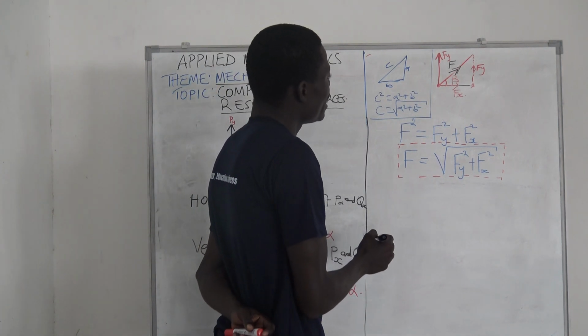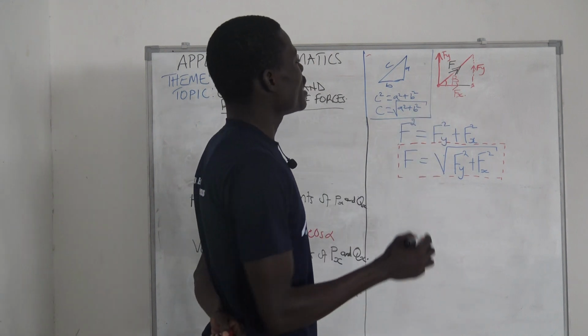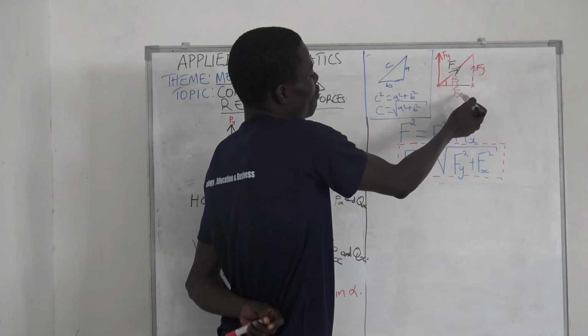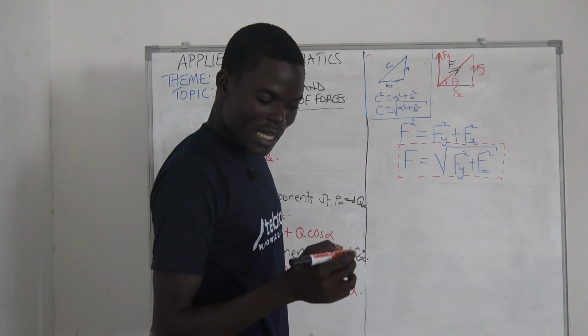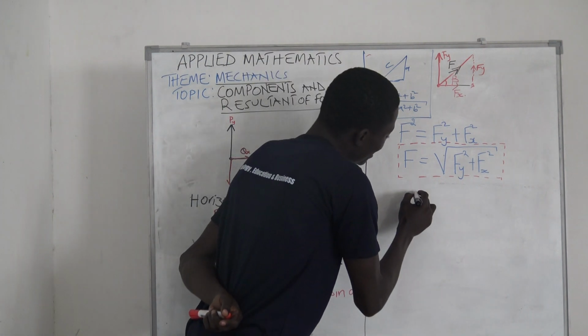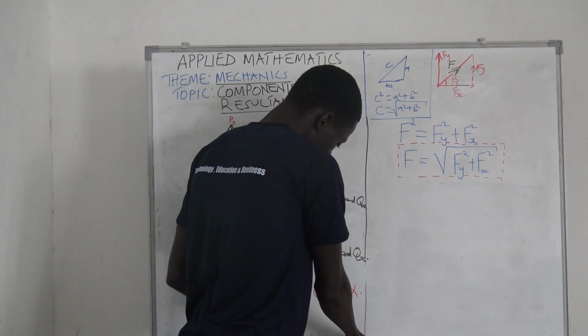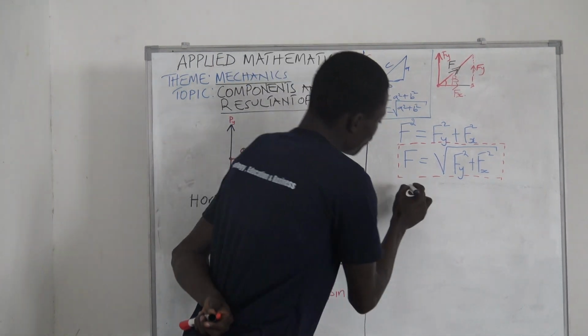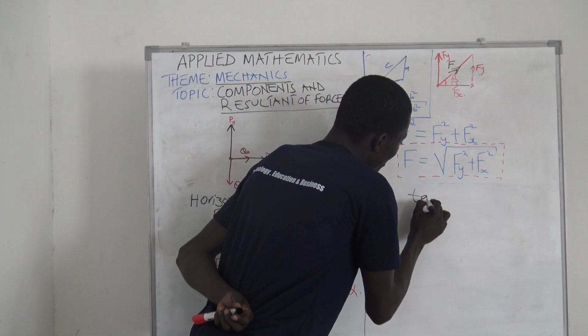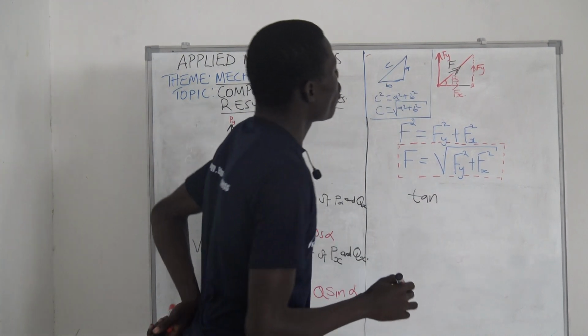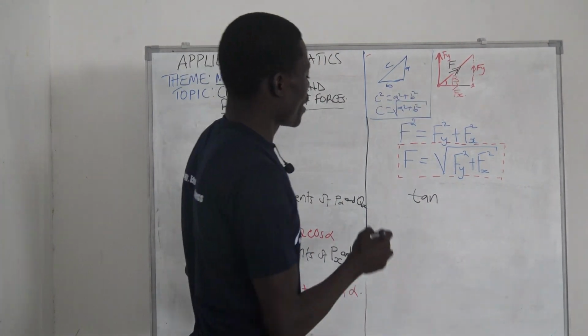From the angle, we have opposite and we have adjacent. When we are calculating the angle, we use tan theta, which is opposite over adjacent.